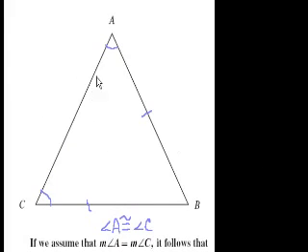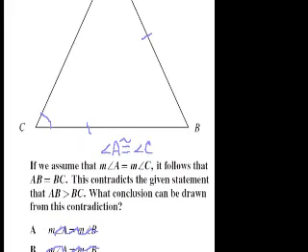They didn't say that this is definitely true, just that if we assume it. And that's where the contradiction came, because if we assumed it, then AB could not be greater than BC, because then AB would equal BC. So this is an assumption that isn't actually proven to be true. So this contradicts the given statement that AB is greater than BC.